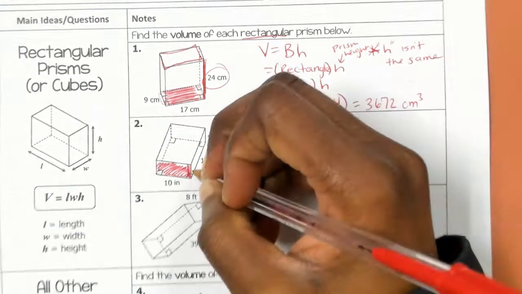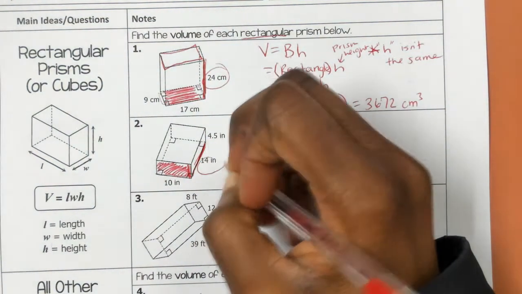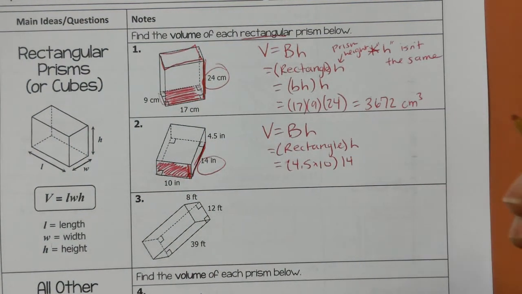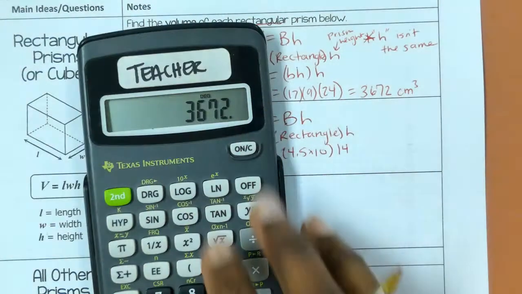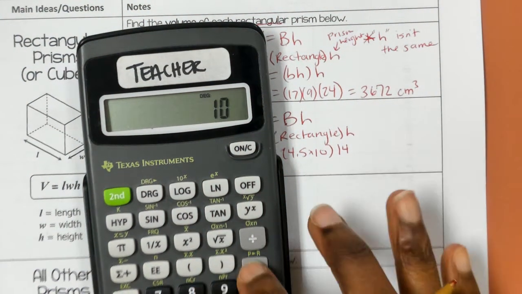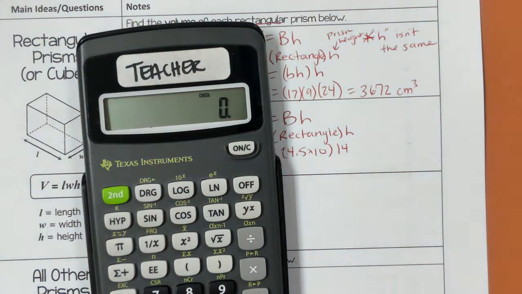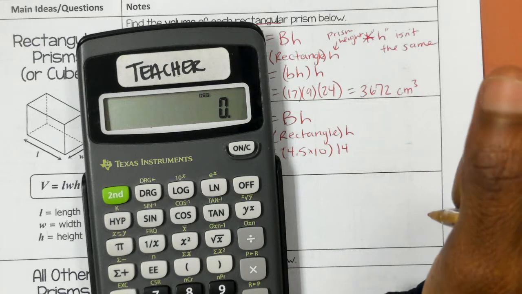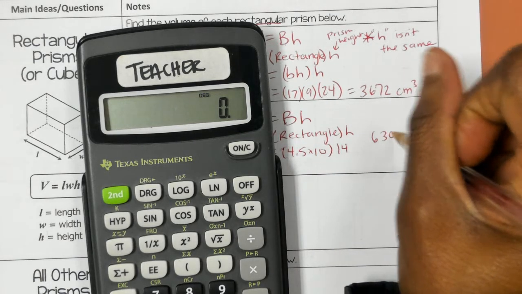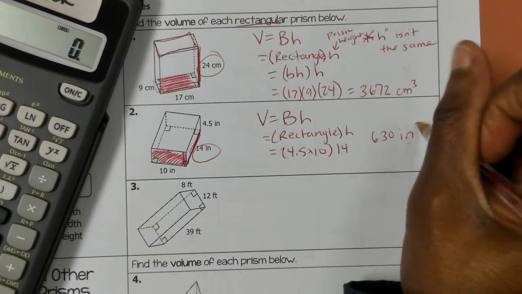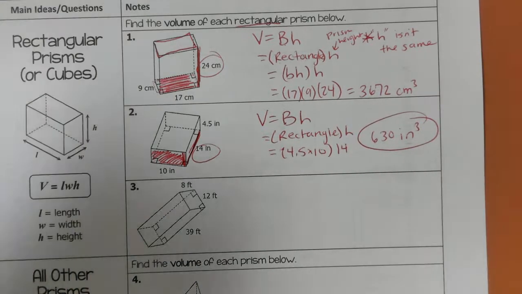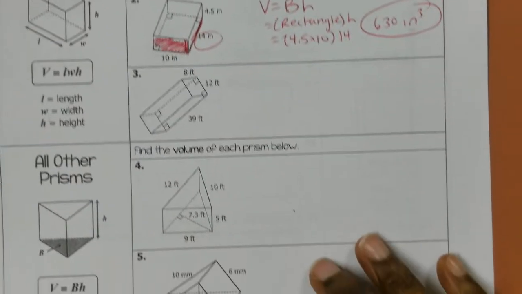And then my height is the distance between bases, which is the 14 here. So I get 630 when I do the multiplication out. I'll let you do number 3 on your own.